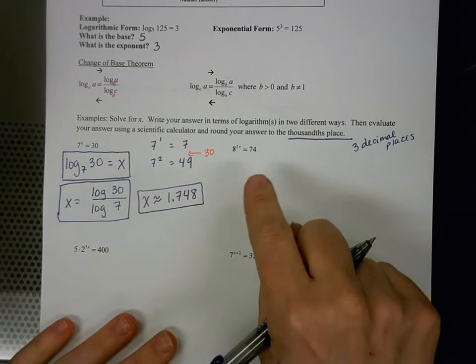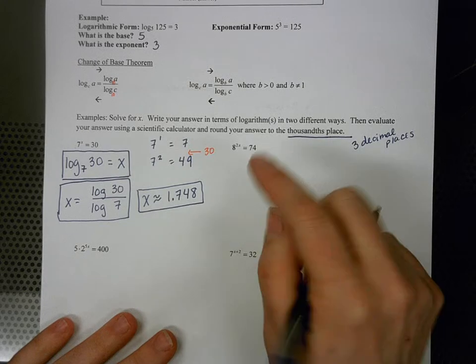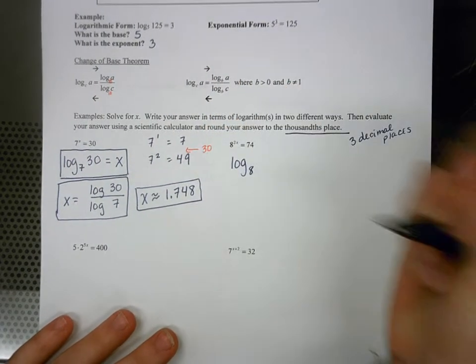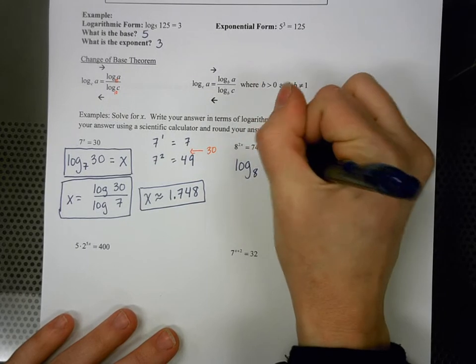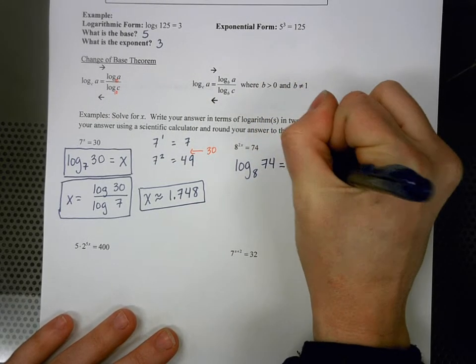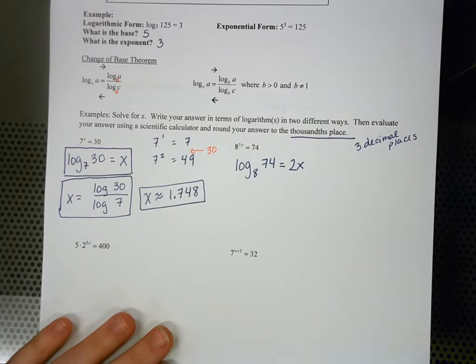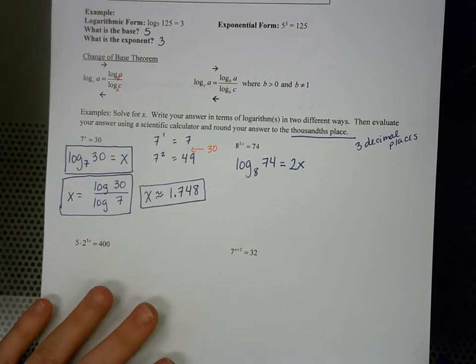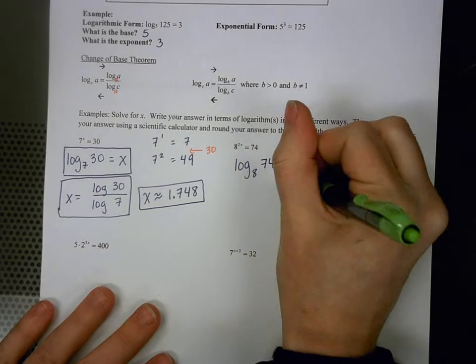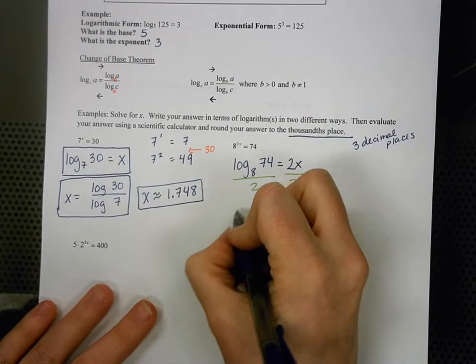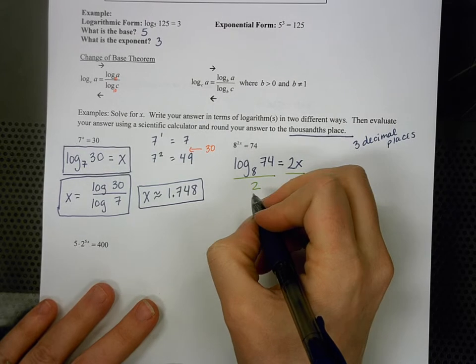So again, we're going to change from exponential to logarithmic form. So my base is this number 8. The answer is 74, and that's equal to the exponent of 2x. This is not solved for x yet, so you need to make sure to isolate x, which means divide by 2.